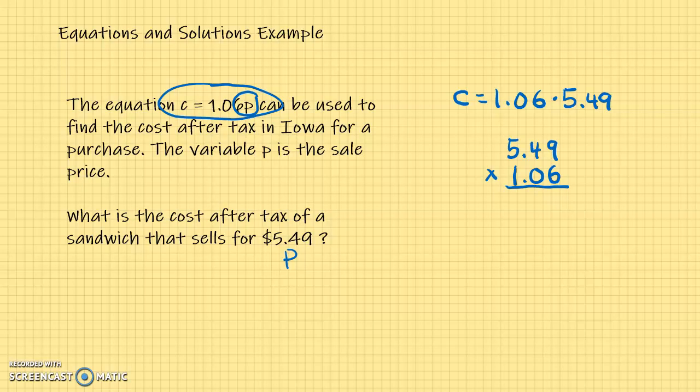Okay, so 6 times 9 is 54. Well, we don't write 54 here. We write the ones digit, which is 4, and we carry the 5 right up here. So put a little 5. Okay, we're going to use that 5 in just a second. Now, we did 6 times 9. Now let's do 6 times 4. So 6 times 4 is 24, but we have to add the 5 here that we put. So 6 times 4 is 24, plus 5 is 29.